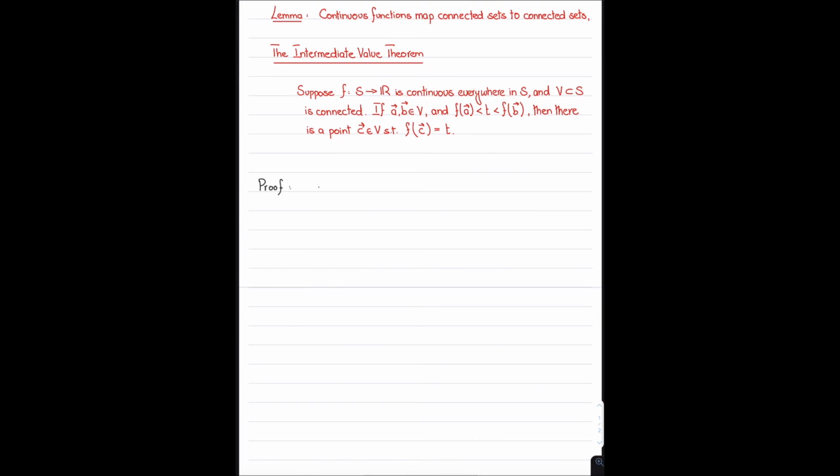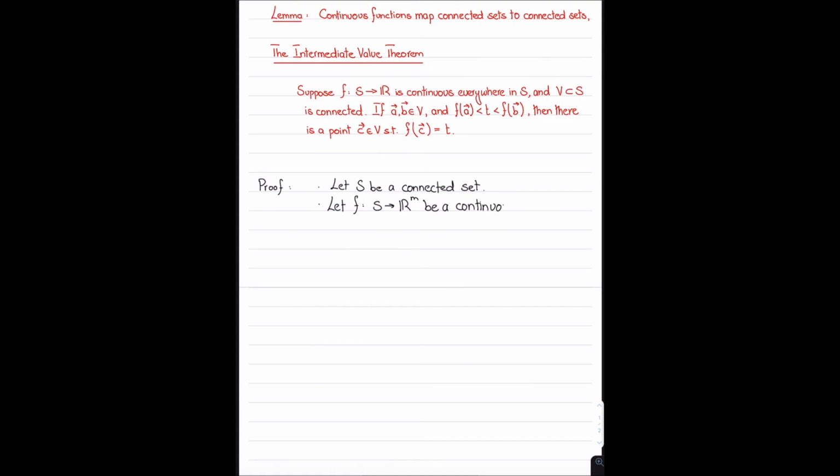I'm going to say let S be a connected set, and I'm also going to say let f be a function that maps from S to R to the power of m, be a continuous function.